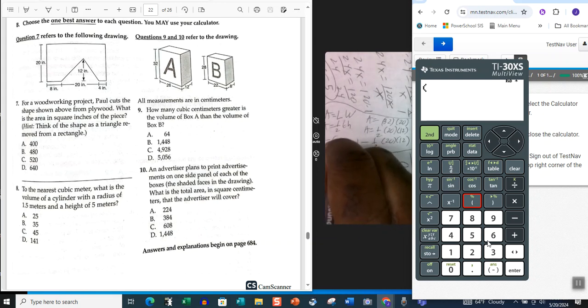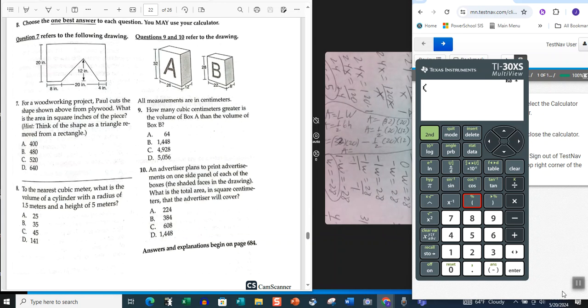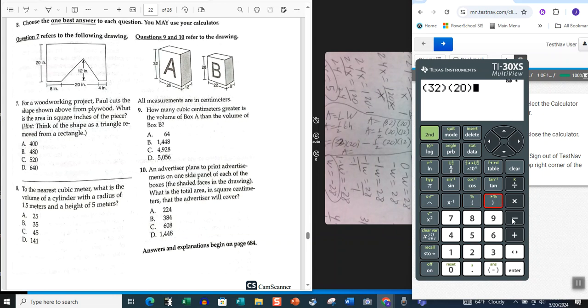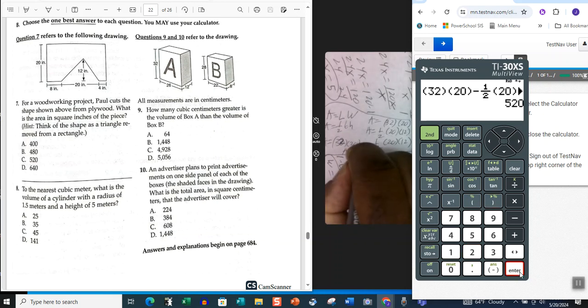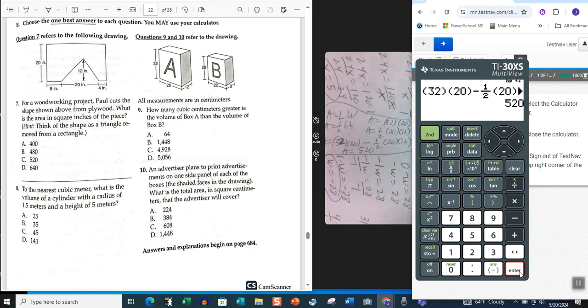It's supposed to be 32 times 20, minus, we'll do our n over d, 1 at the top, 2 at the bottom, right arrow, close the parenthesis, then we add 20, then 12, and press enter. So your area here would be 520, and this is in inches, so it'll be square inches.